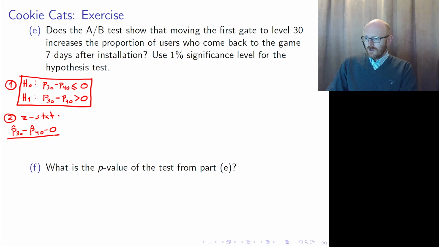We don't need a margin. And we divide by the standard error of this sample difference.